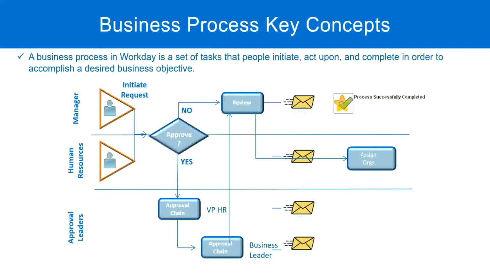And secondly, different security groups, different groups of people have to do those tasks. It's not one set of security groups doing everything. Different groups of people would need to do these tasks at different stages of the business process.